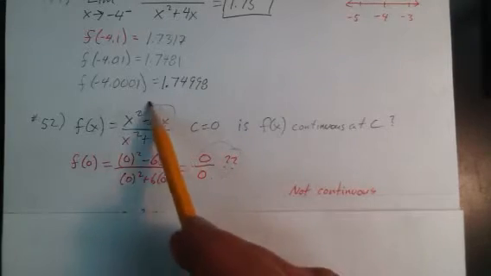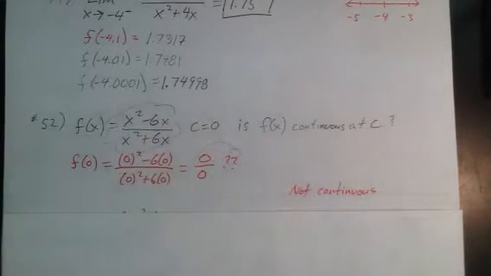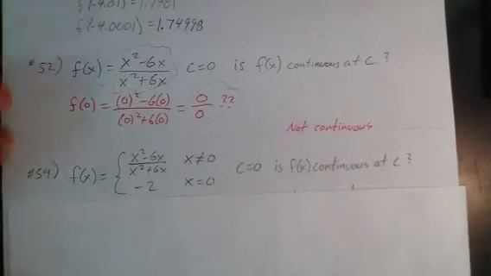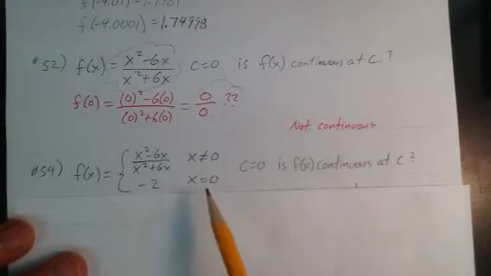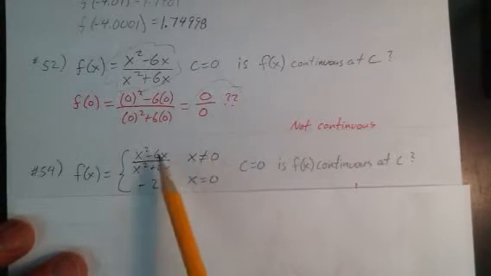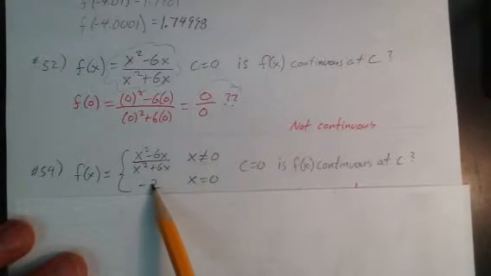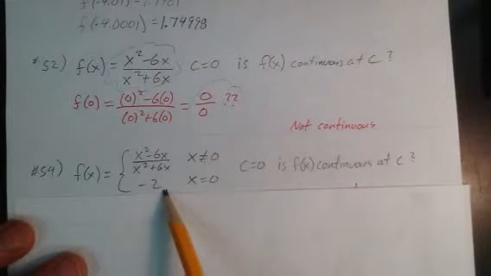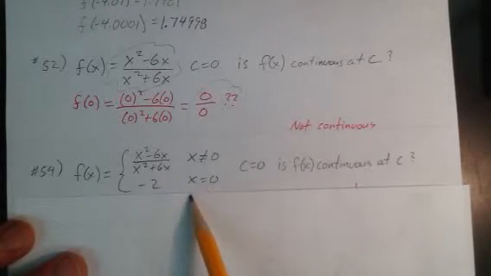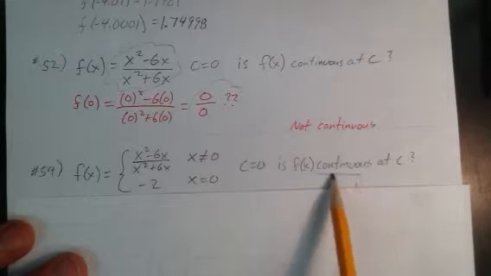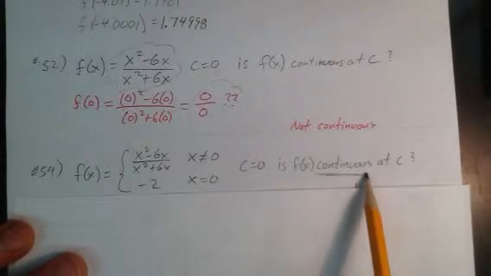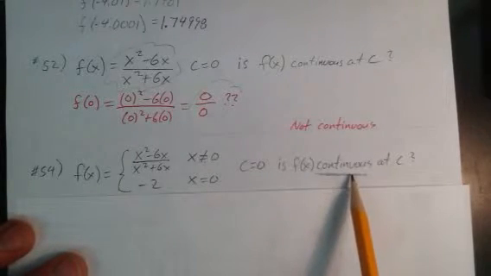Now we're going to play with this equation for the next one, because the next one is a piecewise function. We know that in this function, it's not defined at 0. But this function is defined at 0. So it's defined at 0, but it's asking, is it continuous at x equals 0?